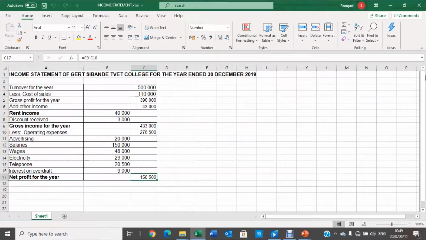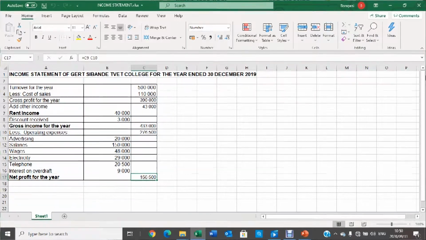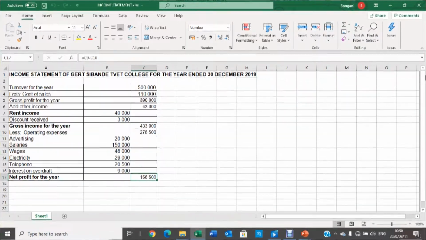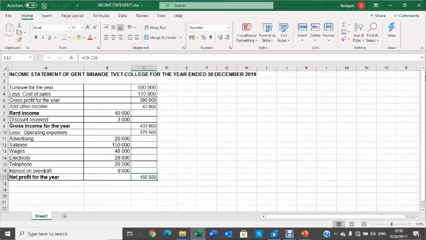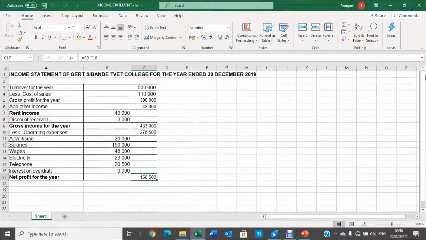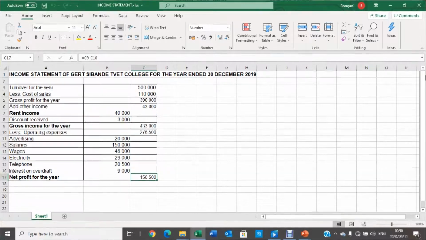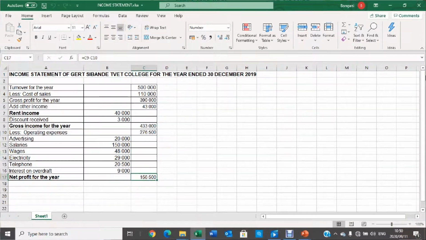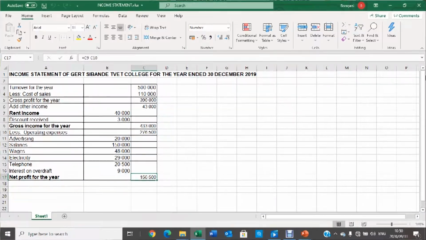Then we go back. After adding the two incomes, we add gross profit and other income, which gives us 433,000 rand. Then we subtract the operating expenses from the gross income for the year so that we can get the net profit for the year.